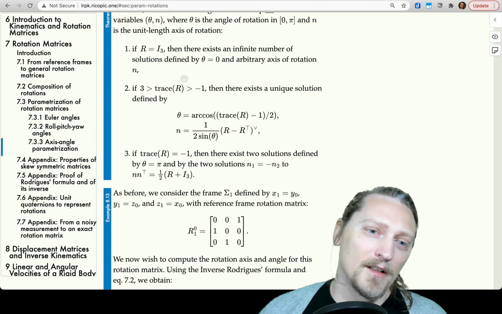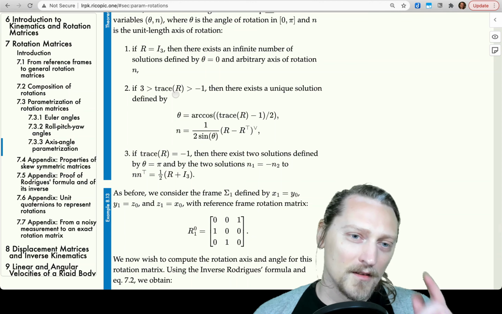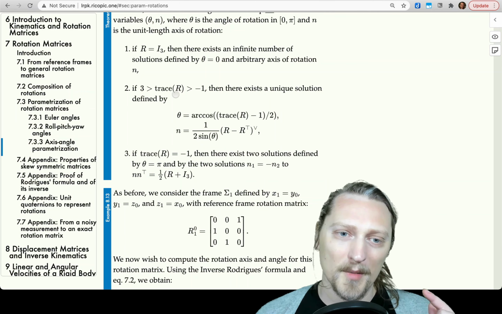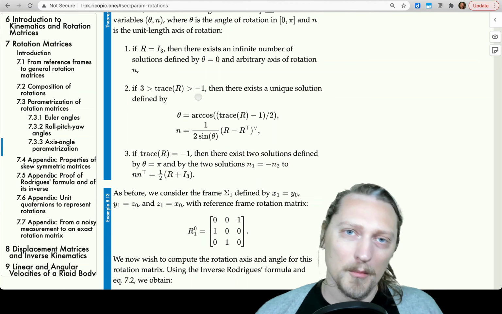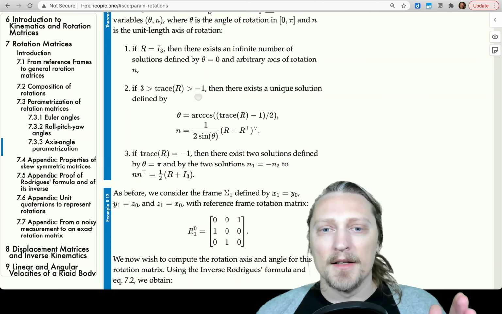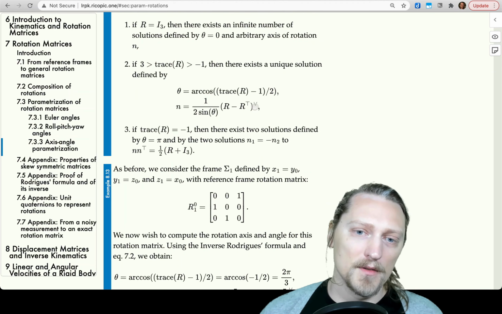2. If the trace of R, the sum of its diagonal elements, is between -1 and 3, then there exists a unique solution defined by these two equations where we've used that cup operator.